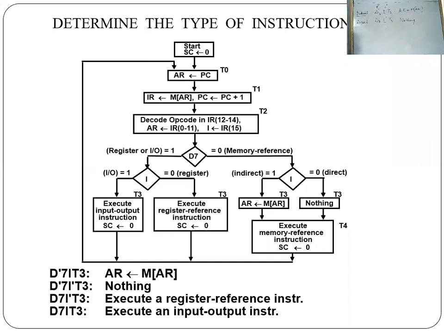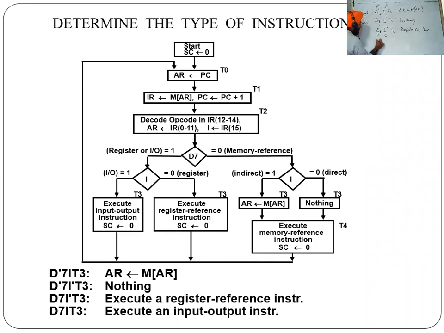After that, when the value of D7 is 1, you don't need to write dash over here, but you need to write I dash and T3. This means that D7 is activated, that is the operation code's value is 111, but the value of I is equal to 0. This means register reference instruction. This is your register reference instruction, right?